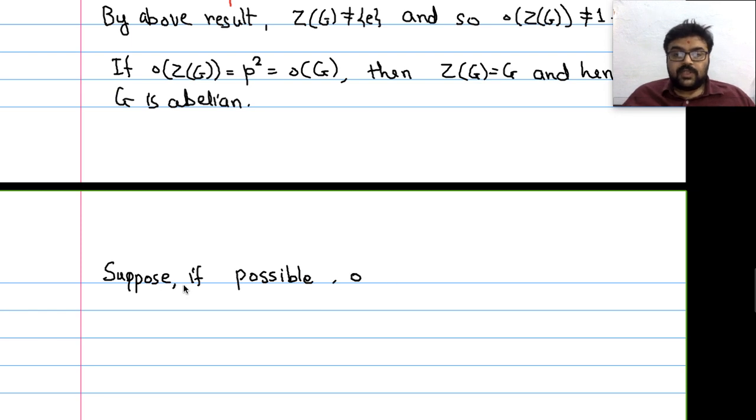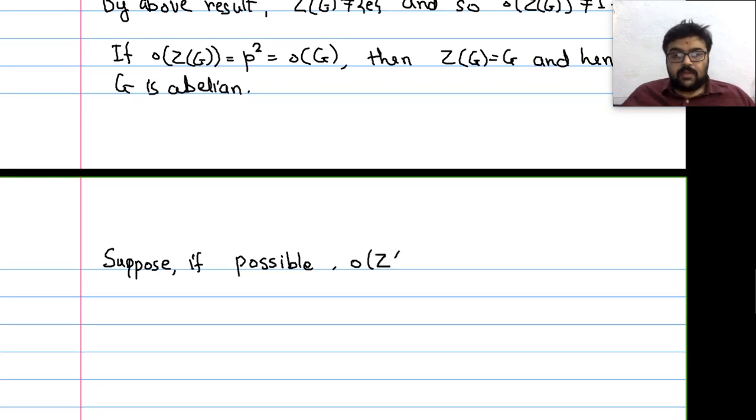the order of Z(G) equals p. I have written Z(G) everywhere, so let me write Z(G). You can write Z also; Z of G is not always necessary to write like this.